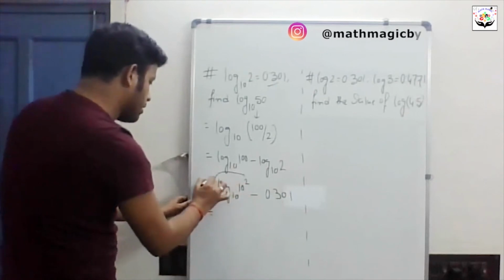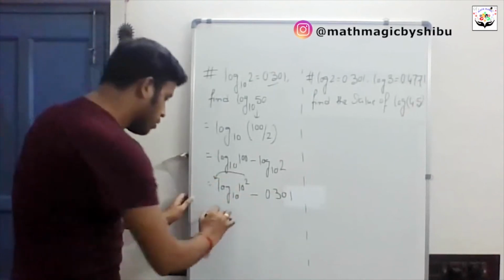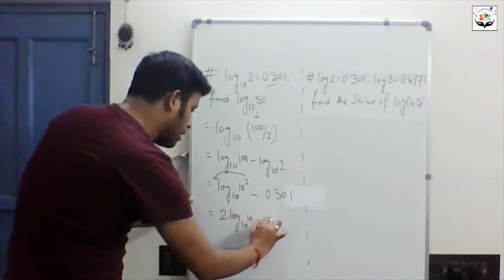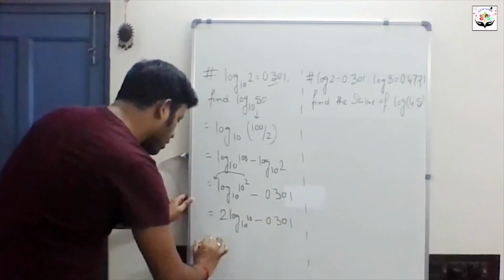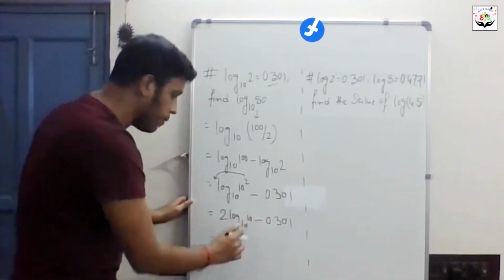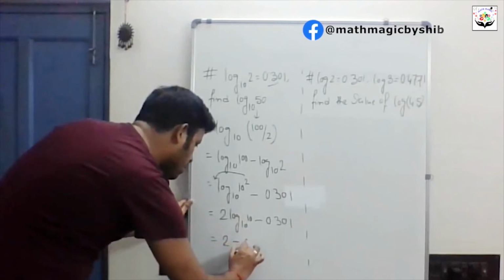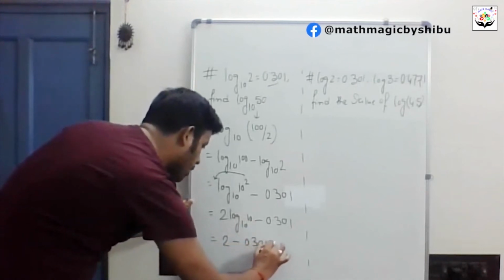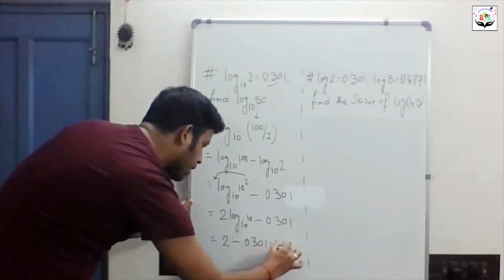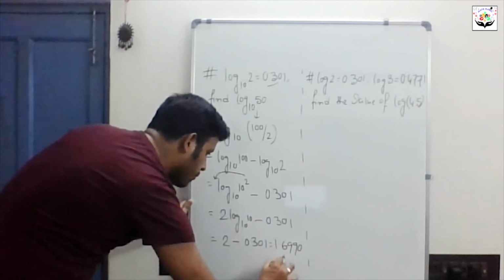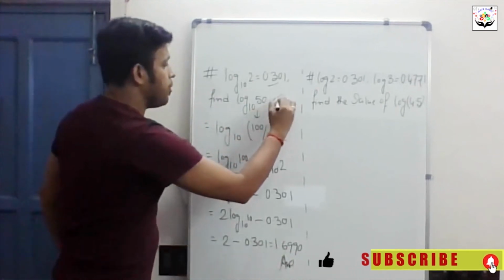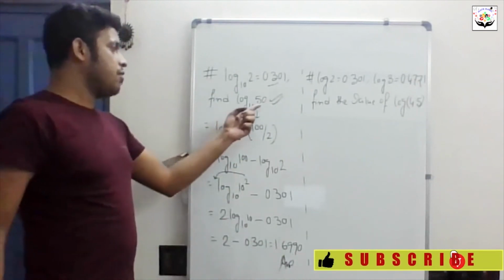Now we can bring the 2 into the coefficient, so it will become 2 log 10 10 minus 0.301. As we know, log base 10 of 10 equals 1. So 2 minus 0.301 will become 1.699. So this is the value of log base 10 of 50.